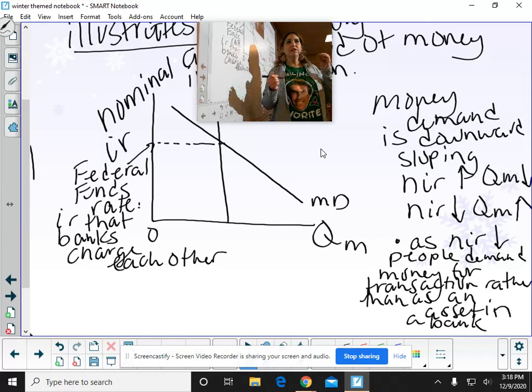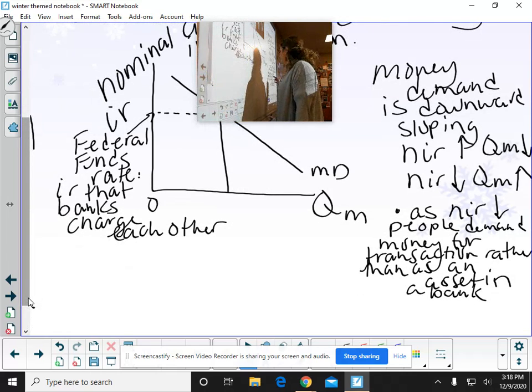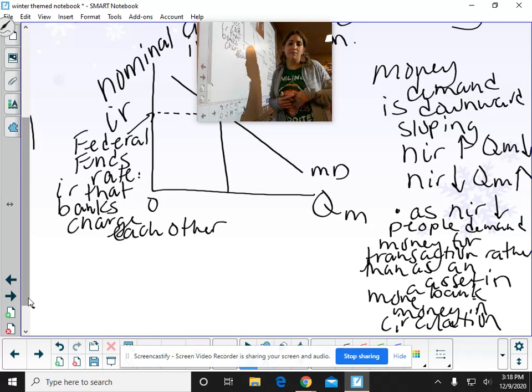Meaning, if interest rates are low, I'm not earning any money in a savings account, and so I'm not going to keep my money as an asset, as a savings account, like an investment. I'd rather have it for transactions to buy things, and so there's now more money in circulation, and not in the bank. There's more money in circulation because I'm keeping it in my pocket for transactions. I'm not keeping it in the bank because interest rates are too low. There's more incentive to keep my money in my pocket rather than in the bank because the interest rate's too low.